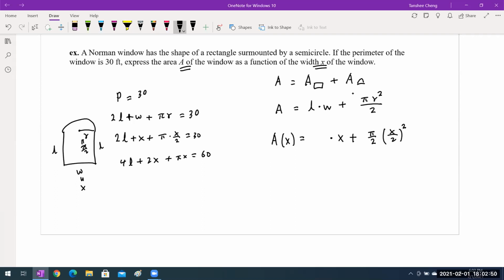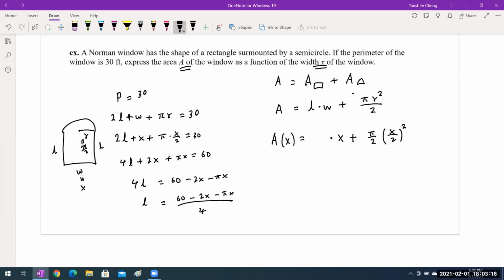I want to clear the fractions, and then I'm going to be solving for L. So therefore, 4L is equal to 60 minus 2x minus pi x. And then finally divided by 4, which will be 60 minus 2x minus pi x over 4. And that is my L.